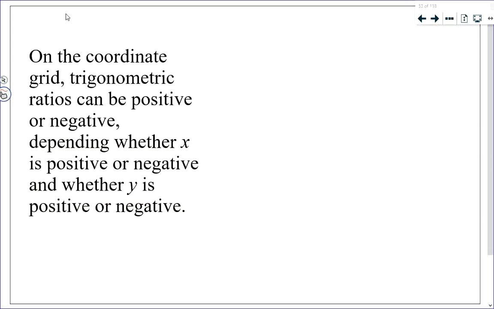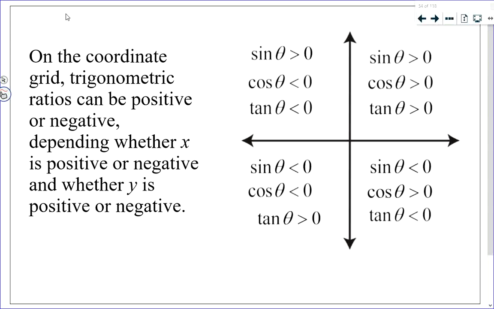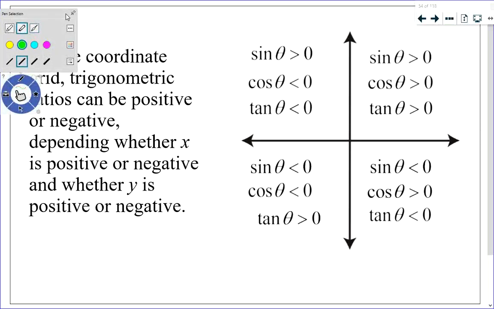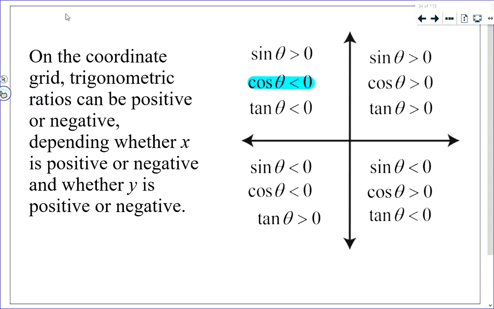All right, on the coordinate grid, trigonometric ratios, whether it's sine of theta, cos of theta, or tan of theta, can be positive or negative depending on where things are. Now, look, you don't want to memorize this. If I just take a look, for example, at cosine of theta in quadrant 2, I know cosine of theta in quadrant 2 is negative because in quadrant 2, x is negative, and cosine is x over r.